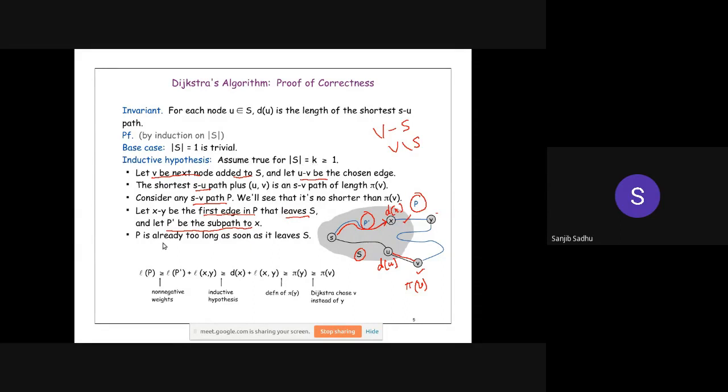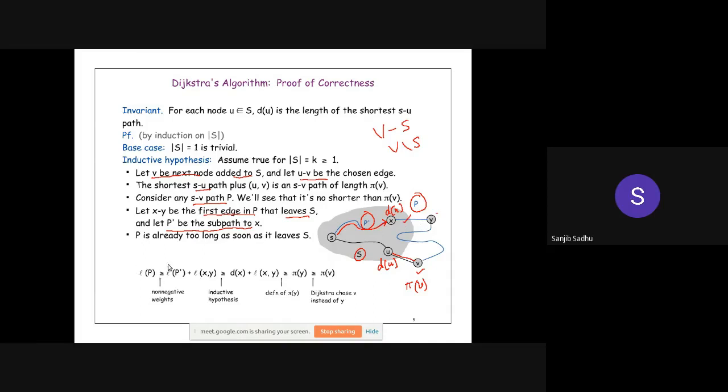Now, you see which one is the path P? Please see, I am showing using this mouse. This is the entire path P. So the length of this path is greater than or equal to the length of this path P prime plus the edge X to Y.